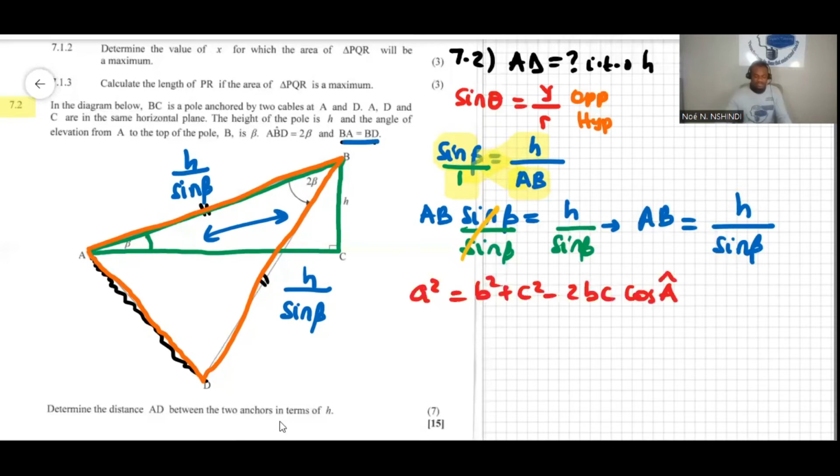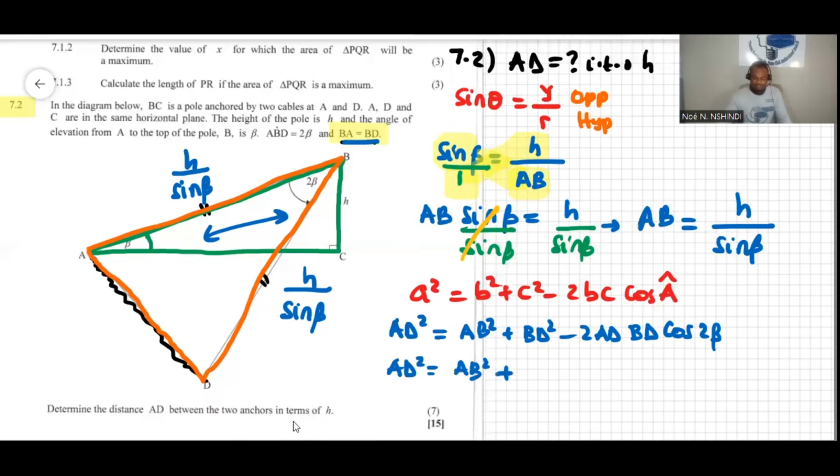So in this situation, AD squared will be equal to AB squared plus BD squared minus 2 AB times BD times cos of 2 beta. But we did say that BA is equal to BD.